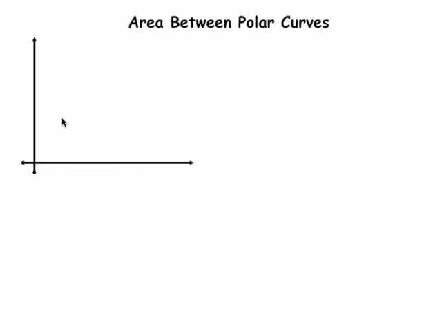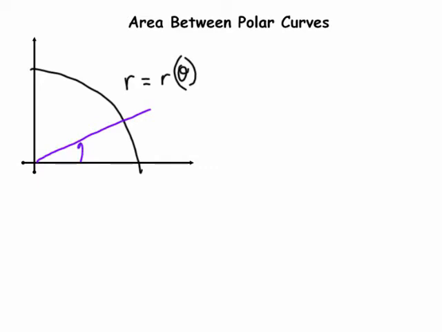But the concept I want you to pick up on right now is that if you have a polar curve, r as a function of theta, then we can conceptualize the area between angle alpha and angle beta. The area we're trying to calculate is this section here.